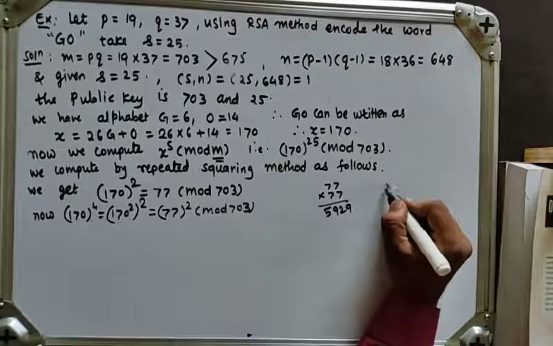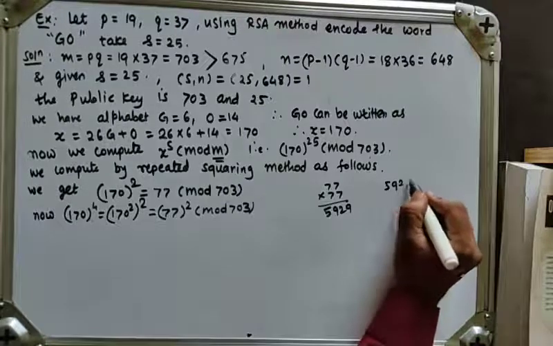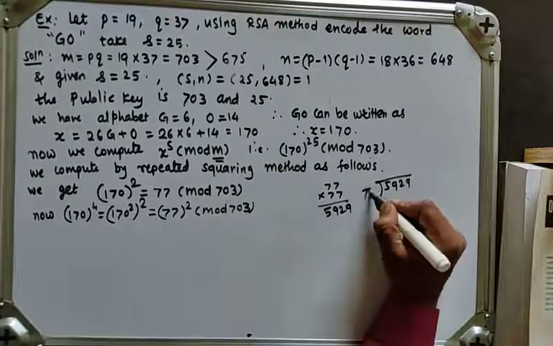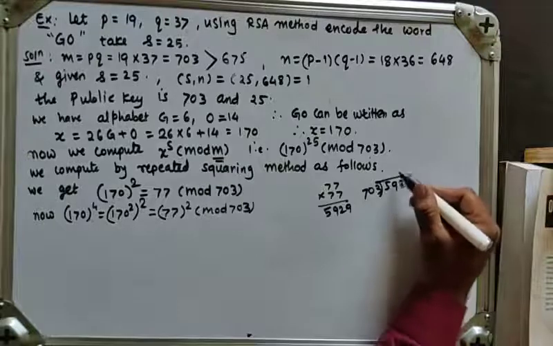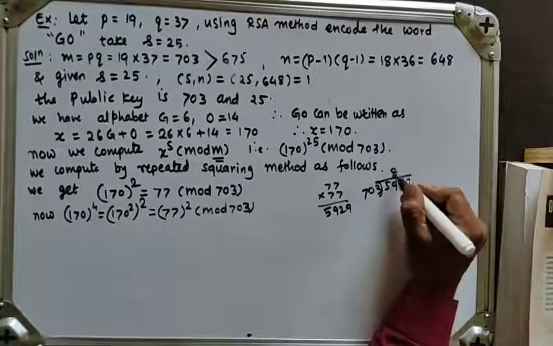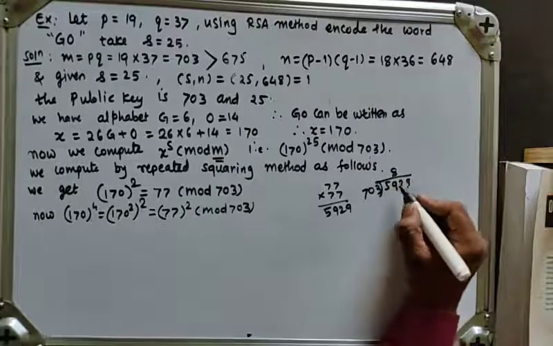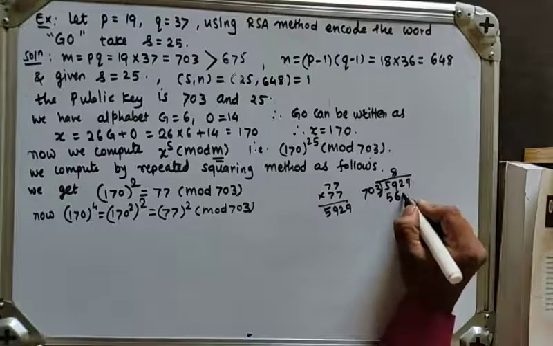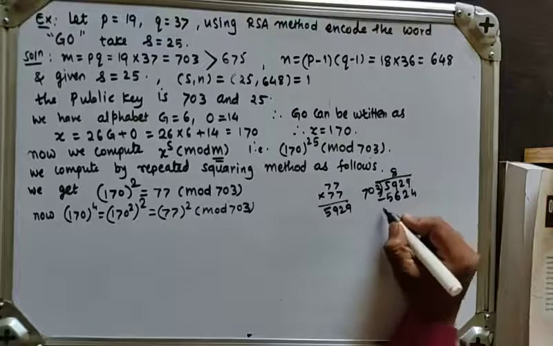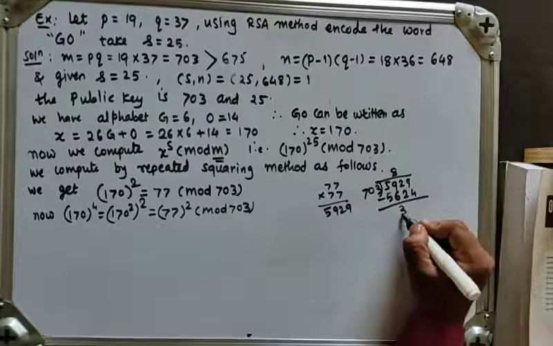Okay, so we divide this 5929 by 703. The quotient will be 8. After multiplying these two, we get 5624, and taking the subtraction, we get 365.